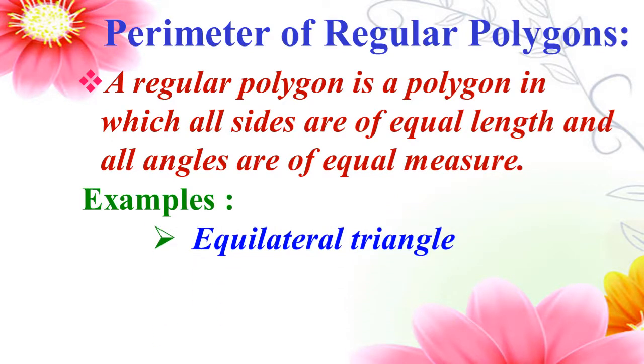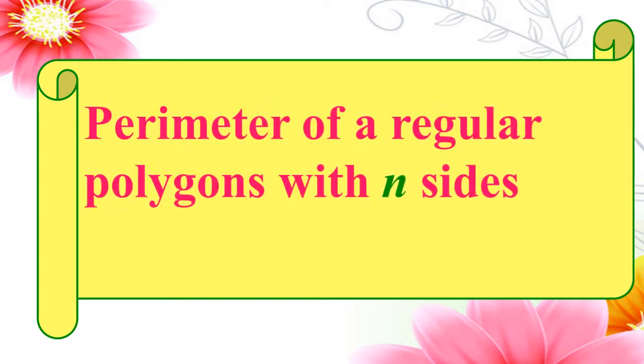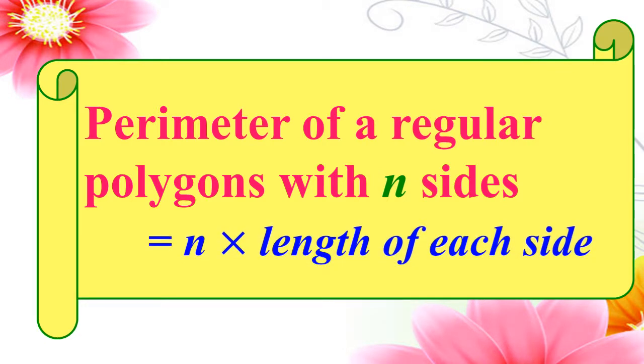Example, equilateral triangle, square and regular pentagon. Therefore, perimeter of a regular polygon with n sides equal to n into length of each side.